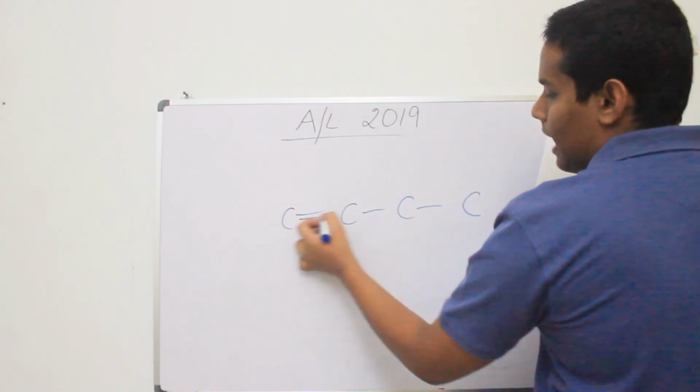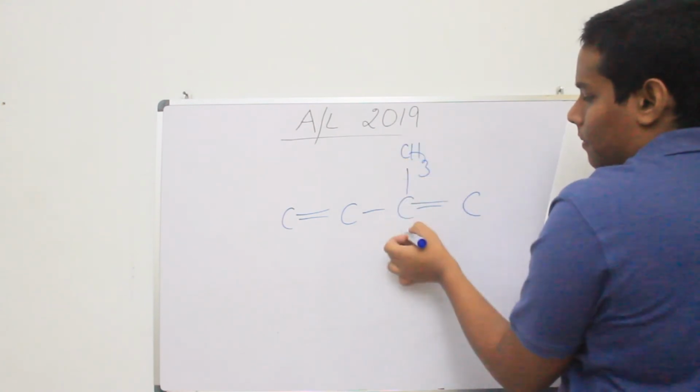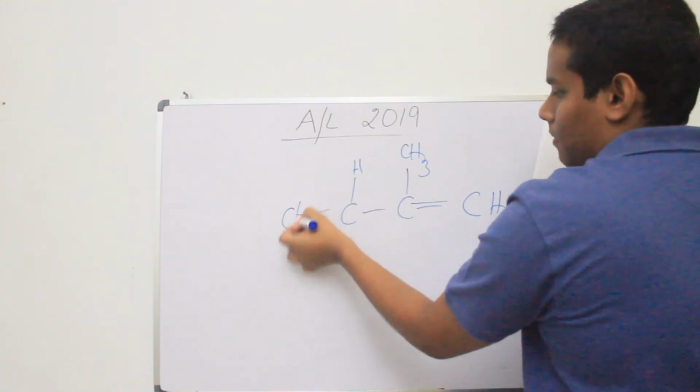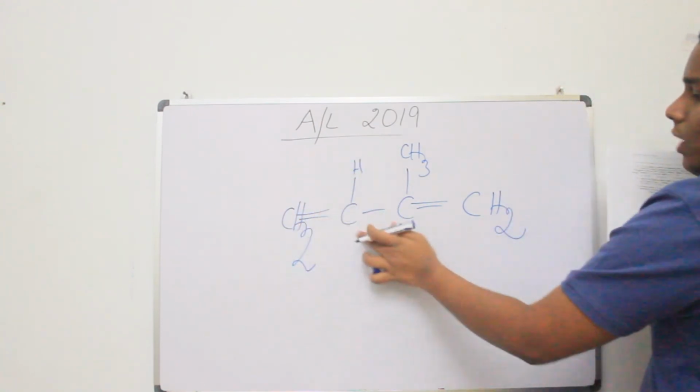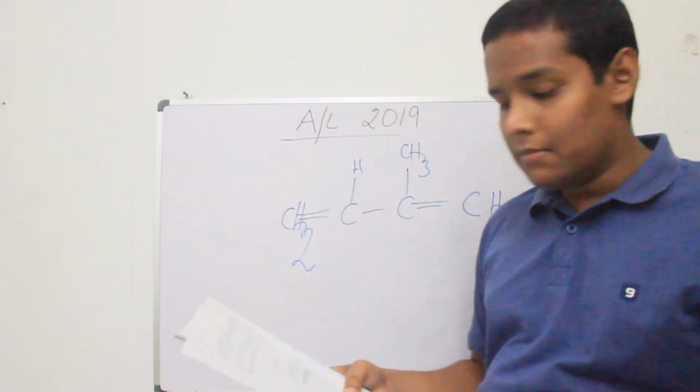First and last carbon have double bonds, and third carbon will have a CH3. So you will have 5 carbons in the repeating unit, including the CH3 carbon. So that's wrong.